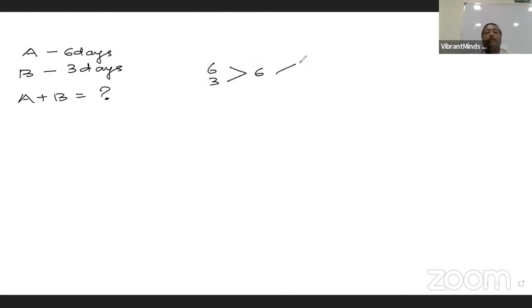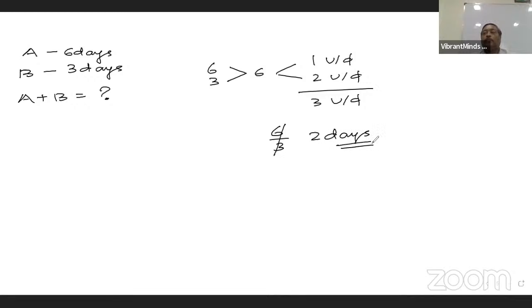LCM will be 6. This will be 1 unit per day. And this will be 2 unit per day. Combined will be 3 unit per day. So number of days, 6 by 3. That is 2 days. See how much less we have to write. Is it clear?